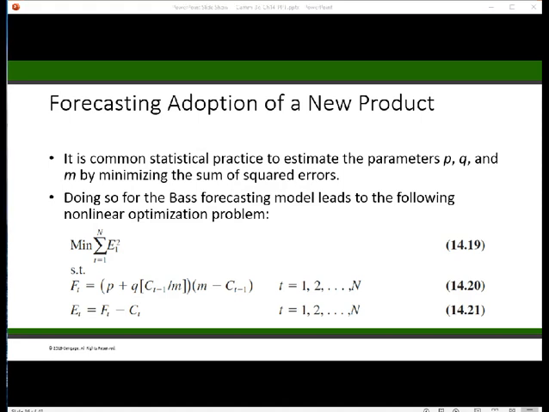So the constraints are F, the forecast of the number of new adopters during that time period, and then of course CT is the actual number of people through the period CT. And then the error is going to be the difference between the two. And we want to minimize the sum of all the errors.